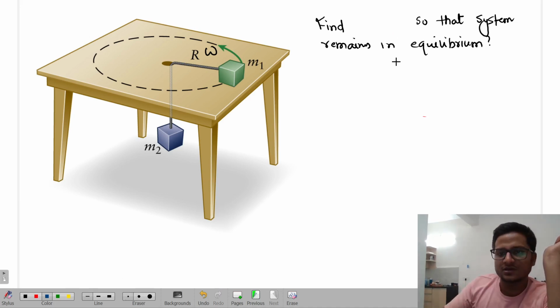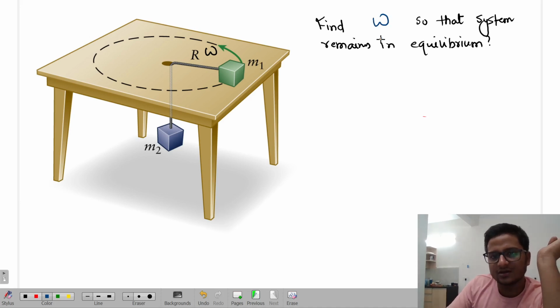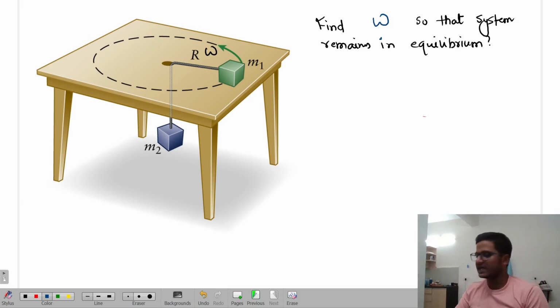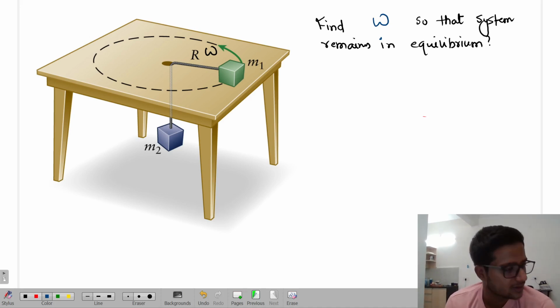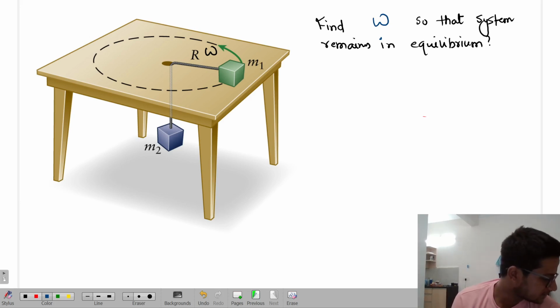No, what? The question is simple. Find omega so that the system remains in equilibrium. Just find omega. Then I'll tell you maximum or minimum. Yes, equilibrium means the net force is zero, but the body can still move with constant velocity, isn't it?